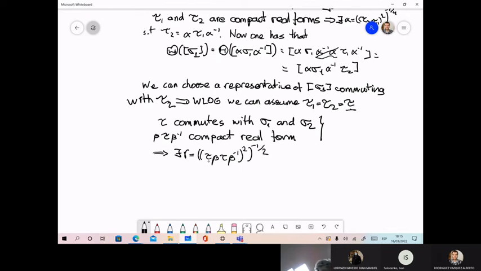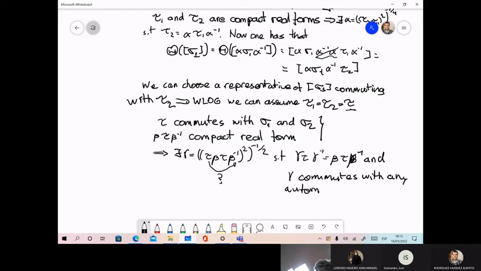It might be the other way around by changing this to here, but one or the other, such that gamma tau gamma minus 1 equals beta tau beta minus 1, and gamma commutes with any automorphism commuting with tau and beta tau beta minus 1.